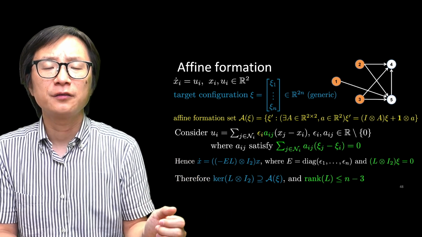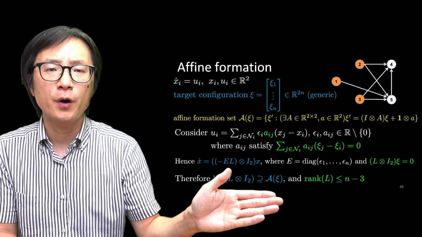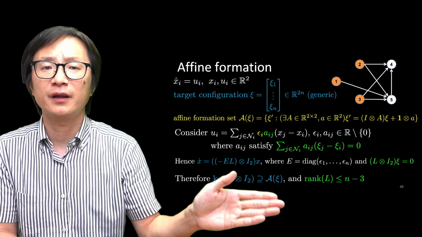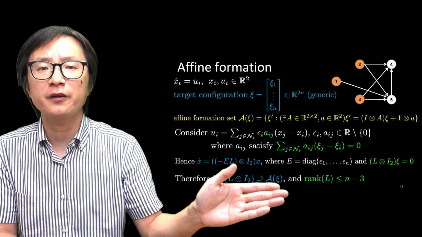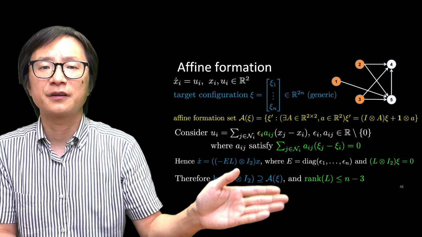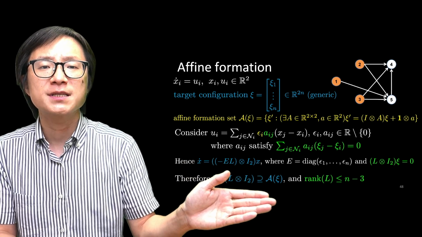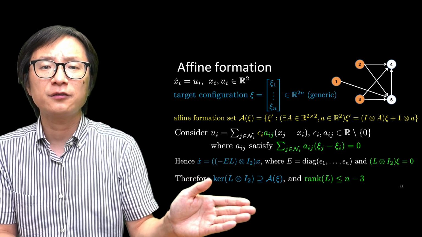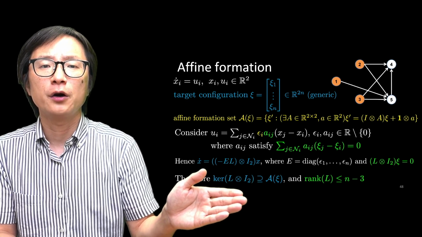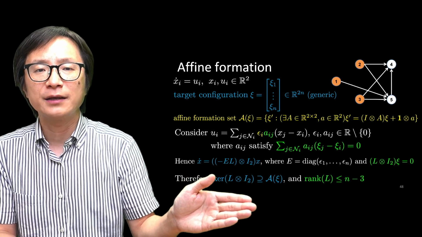To verify this, we will take an arbitrary point, namely an arbitrary affine formation from the set script A of xi, and then verify that it lies in the kernel of L Kronecker product I2.